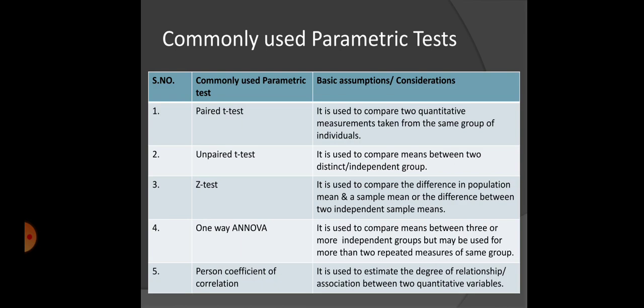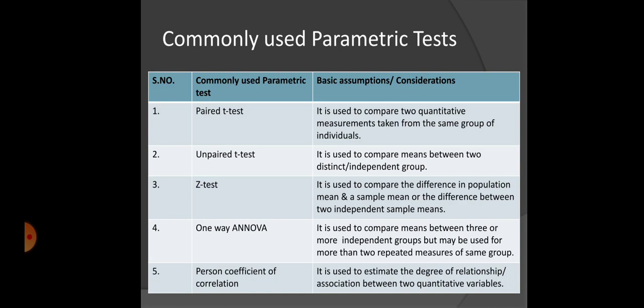In this, we use z-test as a method to find out the difference or compare between two independent sample means. That means if we find out the mean of the sample of one group and then compare it to another, we use the z-test. The one-way ANOVA test is used to compare between three or more independent groups, but may be used for more than two repeated measures of the same group.